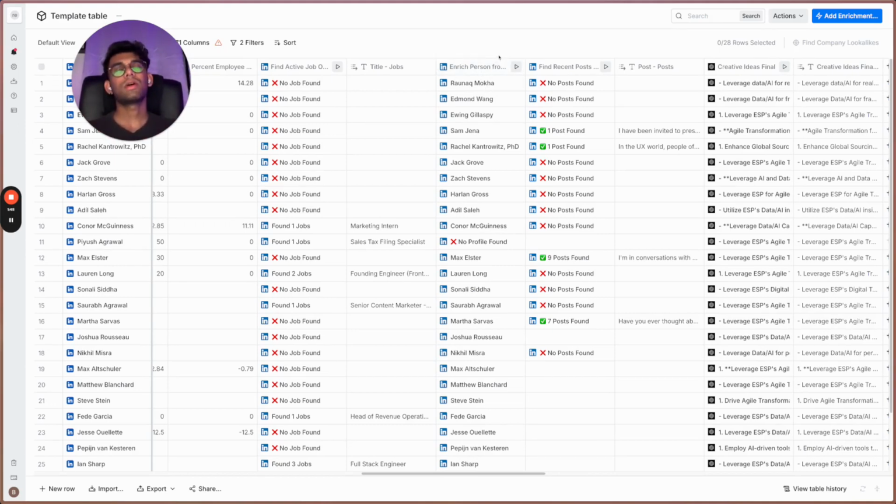One thing that many of the other outbound agencies do is they go externally and try to find data enrichment points using AI. They ask AI directly to find these enrichment points.